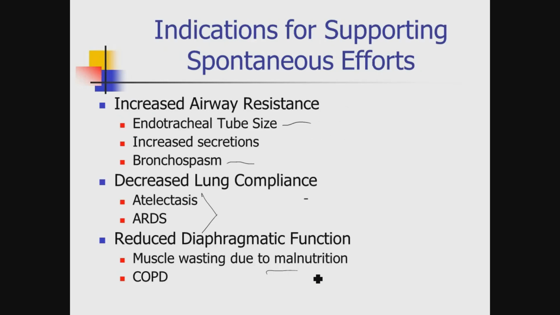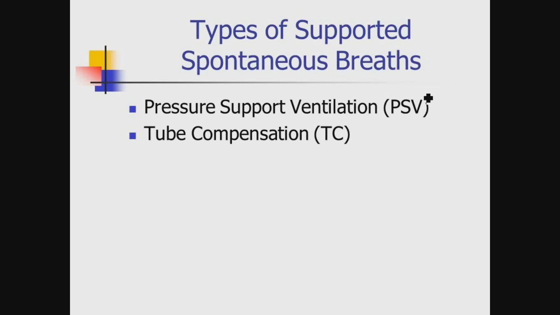Wait, I'm sorry, I missed something here. A major point. How are we giving them more volume boost? We're using an increase in delta to augment their spontaneous tidal volume. Just like we did in BiPAP, but this is a little bit different. Two ways we do this. One, we're going to call pressure support ventilation.